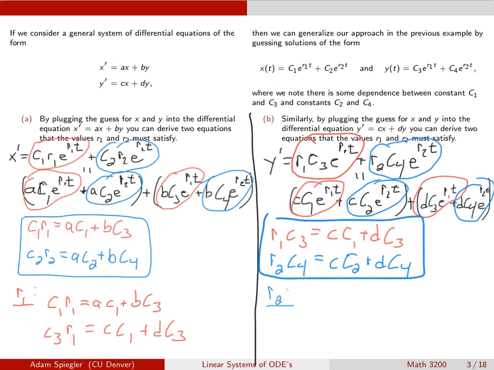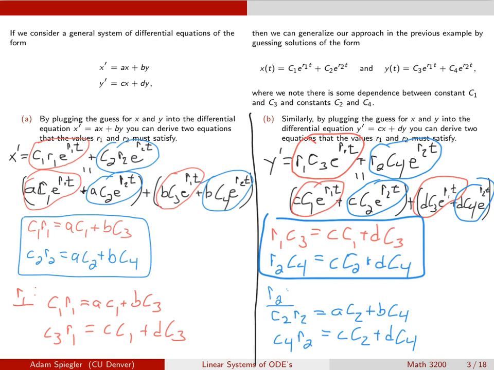The first one was where we had c2 r2 equal to a c2 plus b c4, and then we had that c4 r2 needed to equal c c2 plus d c4. And so in the end, we get these very linear looking systems of equations.